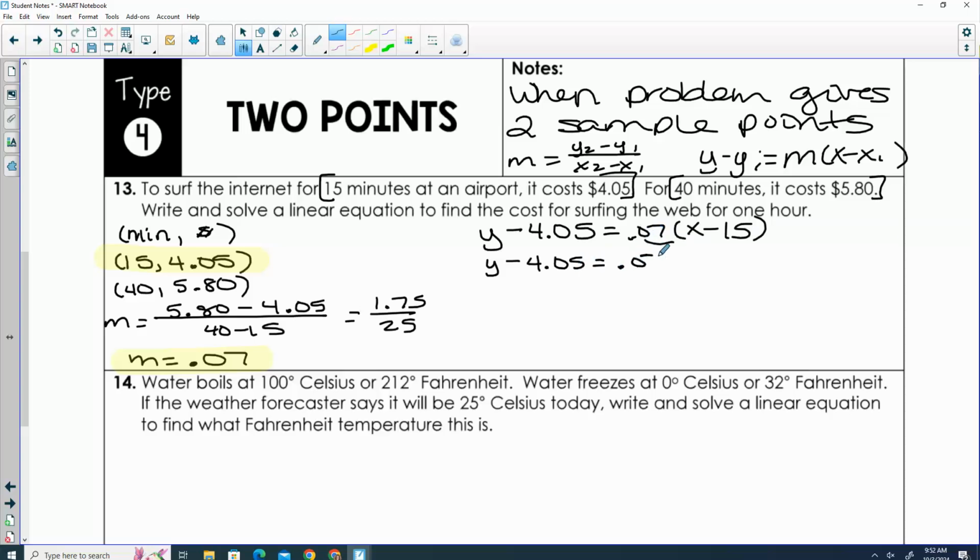Distribute. Take our 0.07 times the 15, so 1.05. Add over the 4.05.